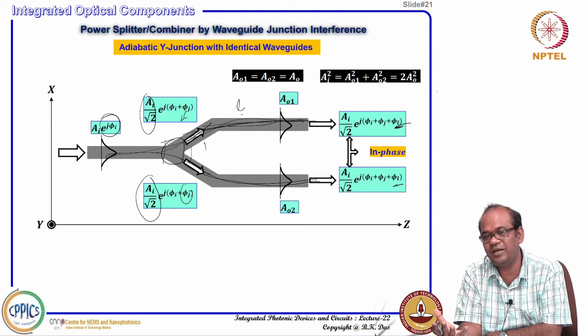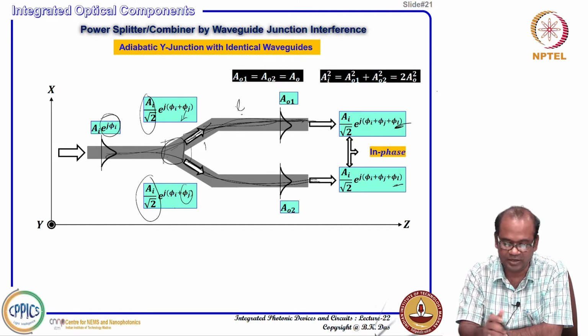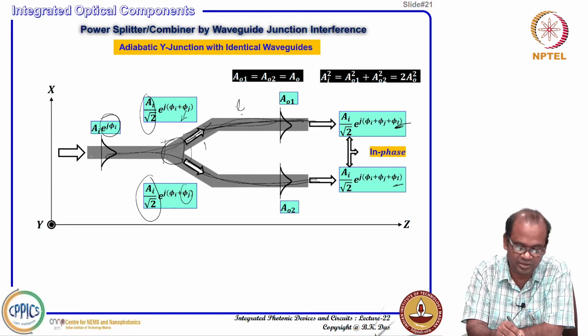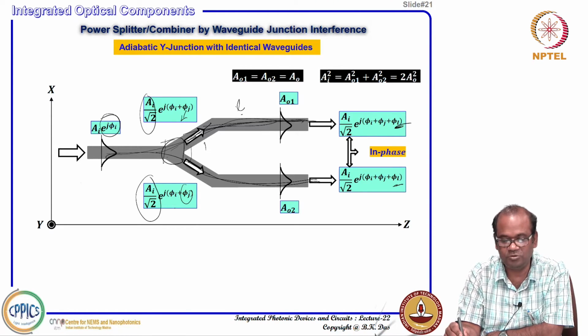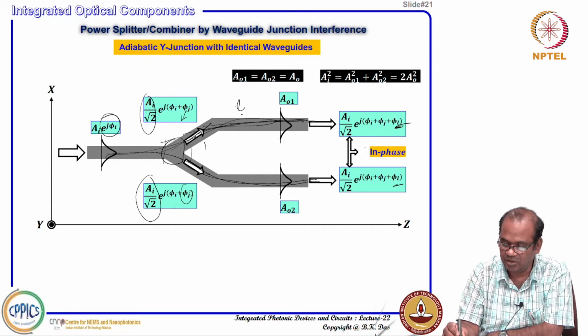That phase also, for understanding purposes, we can forget. Sometimes people say that if the amplitude is this one, the amplitude here will be A_I by root 2. And if you ask about phase, obviously phase will be there, but in this case normally the phase will be identical.